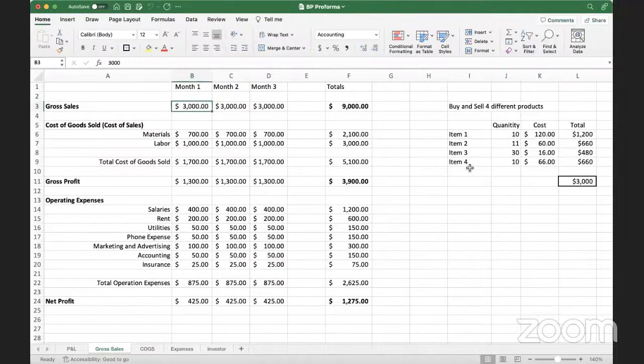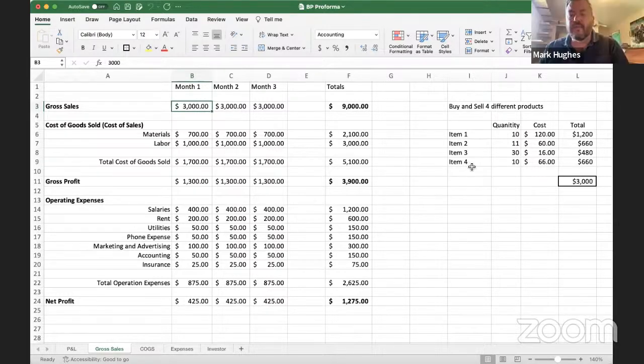And if we sold 10 of item 1, you can see how much money that is.